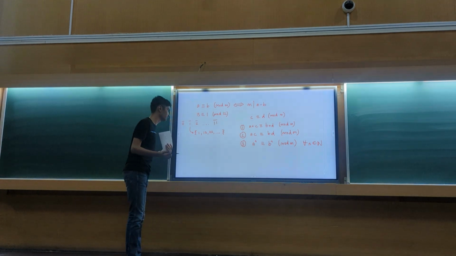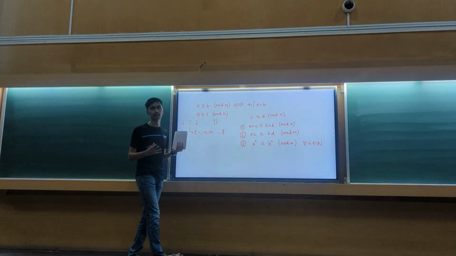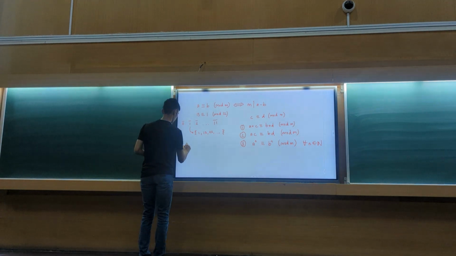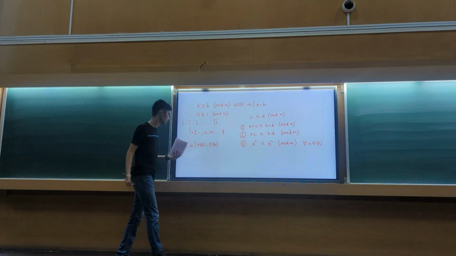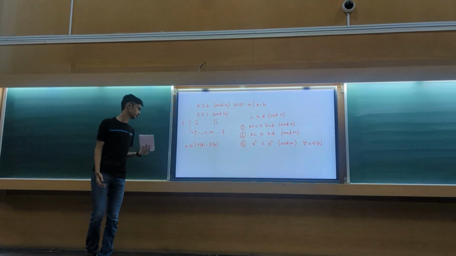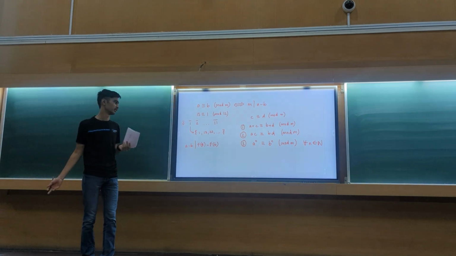So there's this one nice result: if you have a polynomial f with integer coefficients and a and b are two different integers, then a minus b divides f of a minus f of b. This is used a lot, and you can derive this easily using modular arithmetic when you consider mod a minus b.